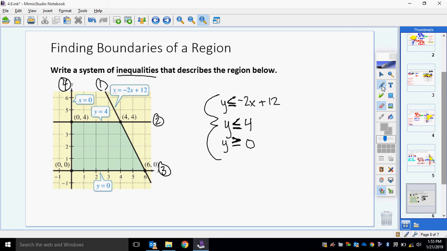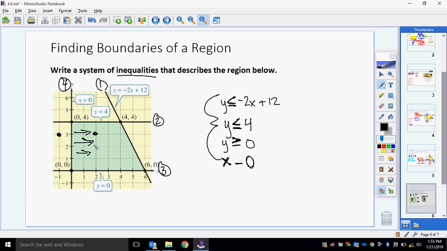And the fourth one, it says x is equal to 0. Okay, it's a vertical line, so x is equal to a number. This time it crosses the x-axis at 0. And it's a solid line, so it's an or equal to. And we're on this side of the vertical line, so are these x's over here greater than or less than the x's that aren't shaded in?